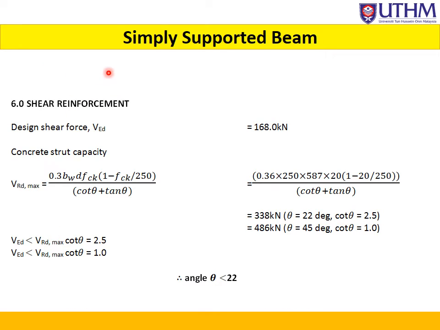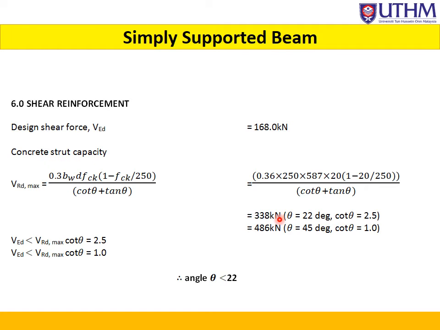Now we look at how to design our shear link. We obtain our maximum shear force for our simply supported beam as 168 kilonewton. We calculate VRD max using angle 22 and 45 degree.